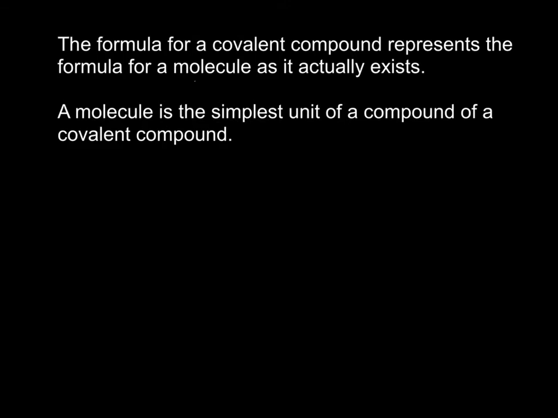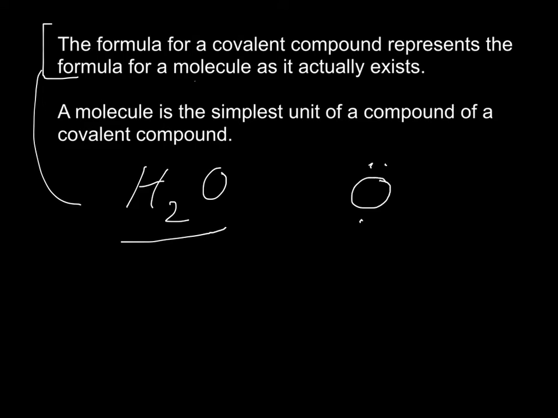But at any rate, the formula for a covalent compound represents the formula for a molecule as it actually exists. A molecule is the simplest unit of a compound. What do I mean by that, and why am I making such a big deal out of it? Well, when I write the formula for water, H2O, this represents water as it actually exists: one oxygen atom attached to two hydrogen atoms.